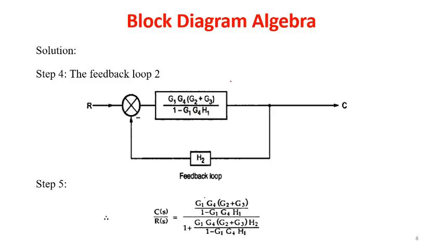Now when we see this particular system, we are having one summing point, one forward block, one takeoff point and one feedback block, and the signal is going in forward here and takeoff is happening and the signal is coming backward, and this signal is getting summation at this summing point, hence this forms a canonical loop.